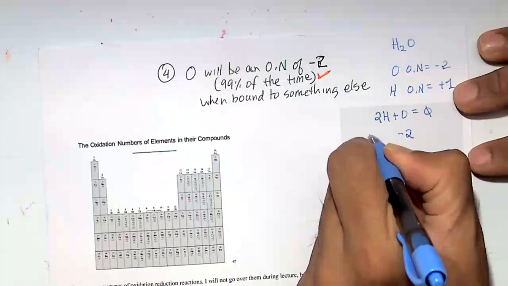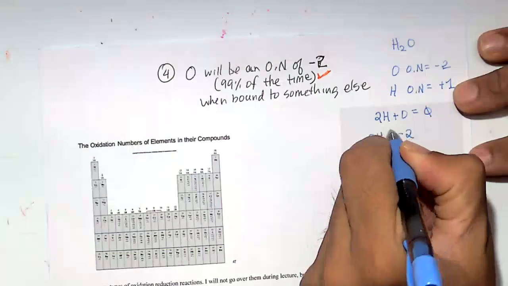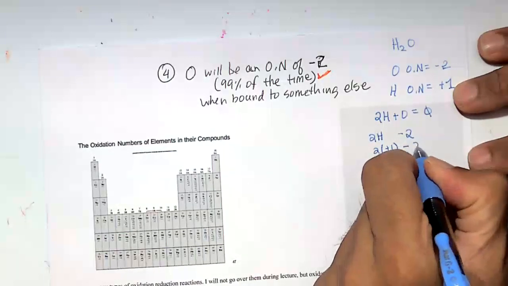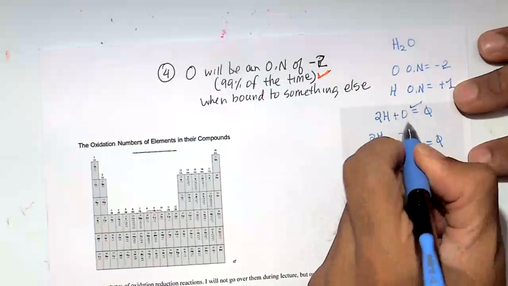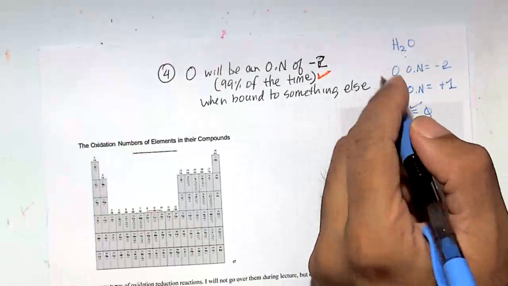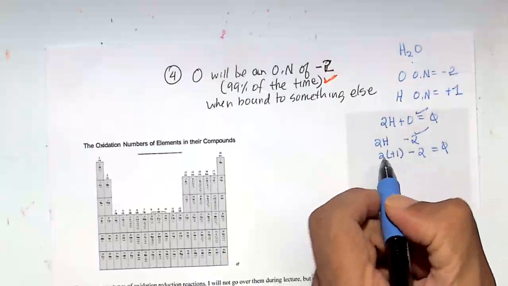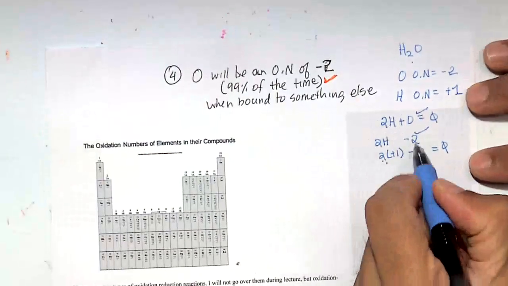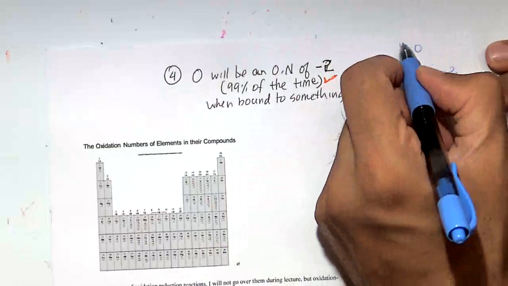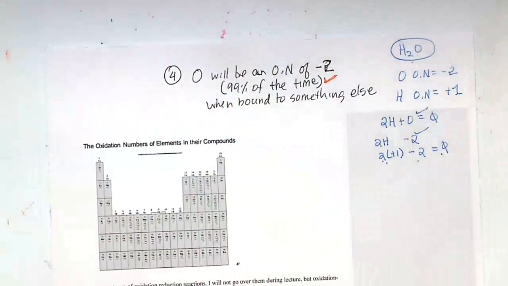Oxygen will be -2, H is +1, so 2 times +1 minus 2 is equal to 0. We have two hydrogens. Each one is at +1. So +2 -2 for oxygen's oxidation number equals 0. The whole thing has a 0 charge.